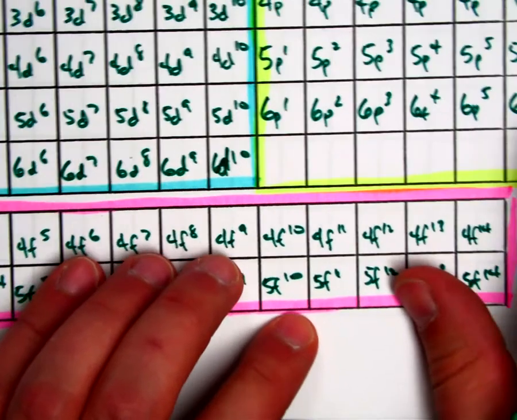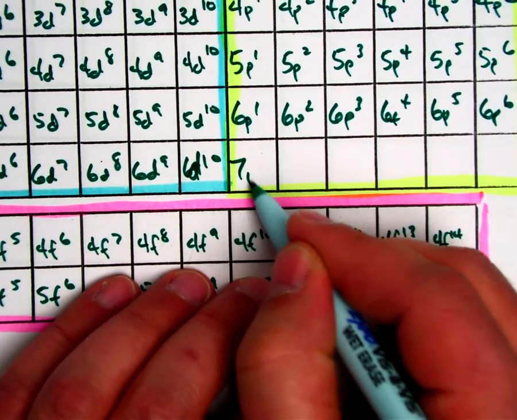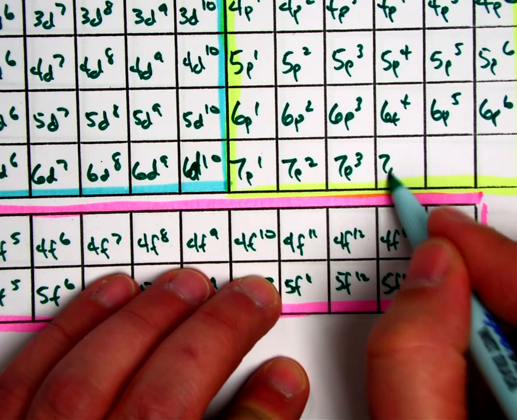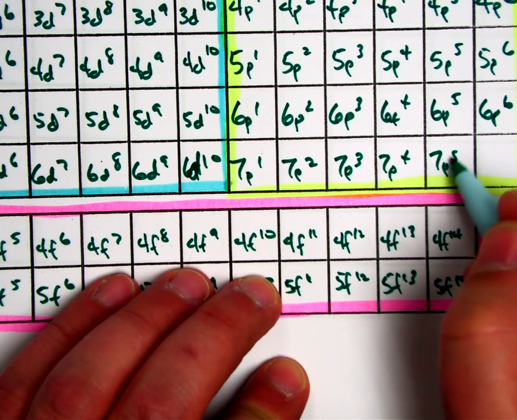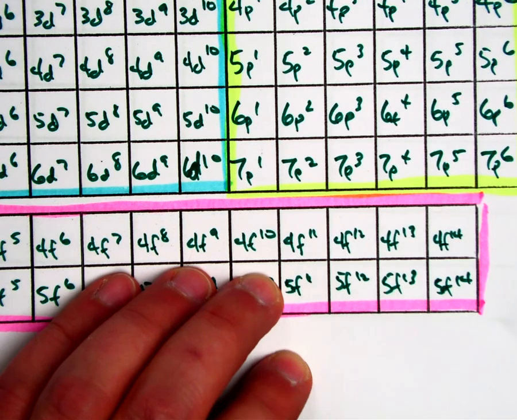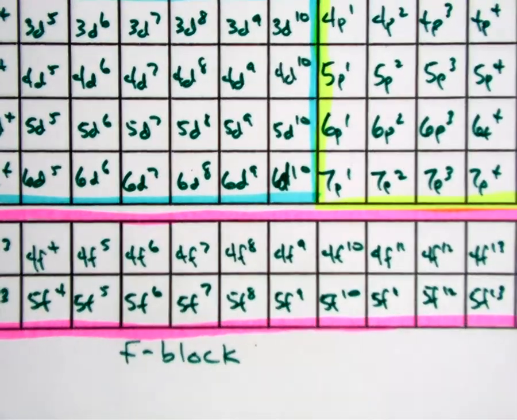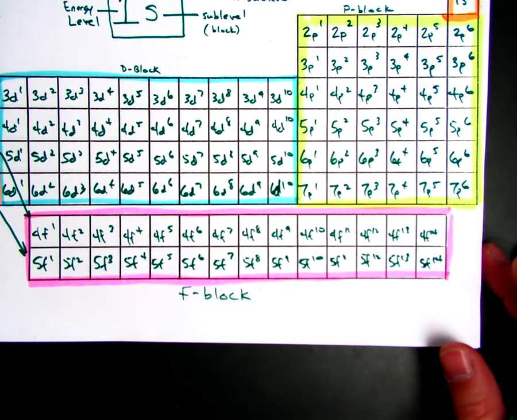And our last 6, go back to number 7. And we have officially coded by way of electrons every element on the periodic table.